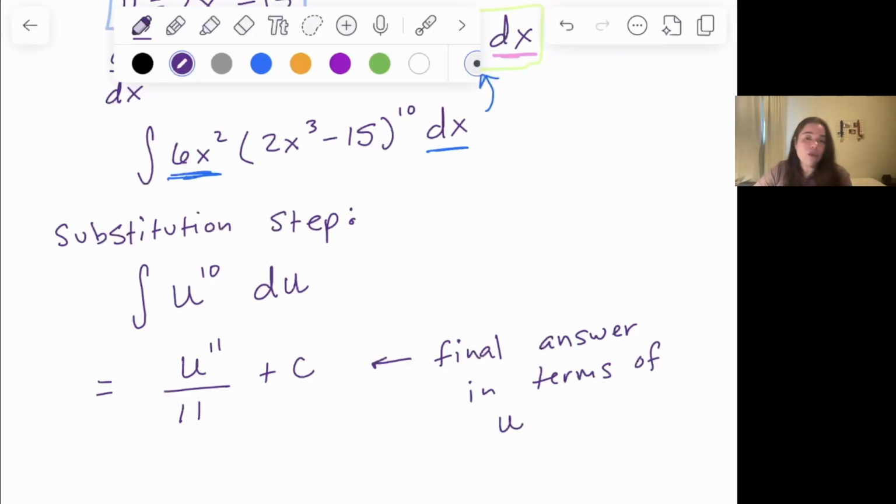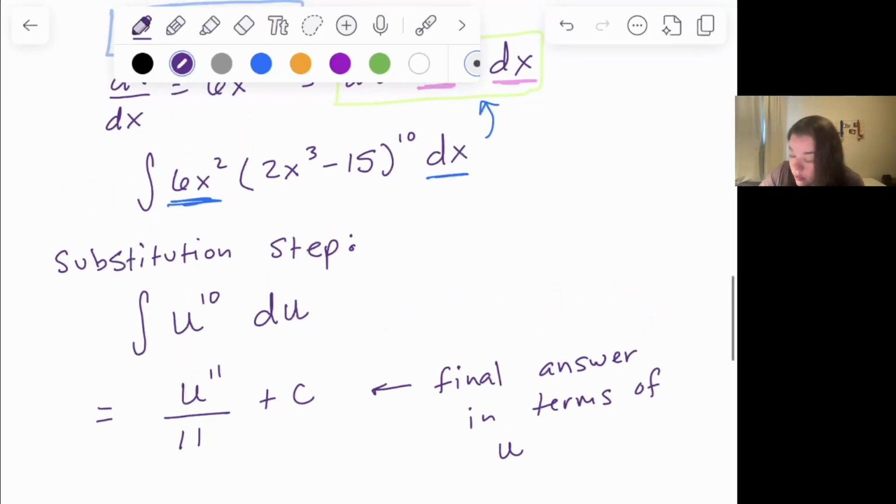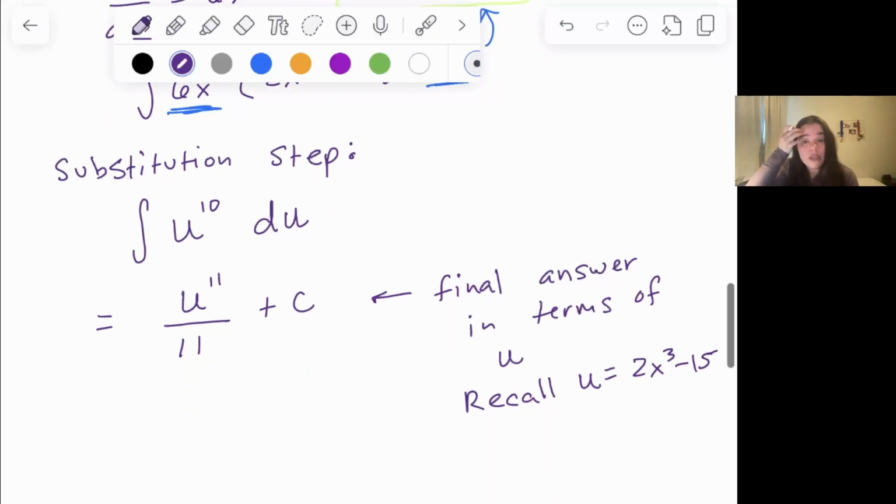But since u was a tool we made up to solve the problem, we don't want to give the final answer in terms of u. We need to recall that u was equal to 2x cubed minus 15. I'll scroll down. So remembering that u is equal to 2x cubed minus 15, let's put that back.